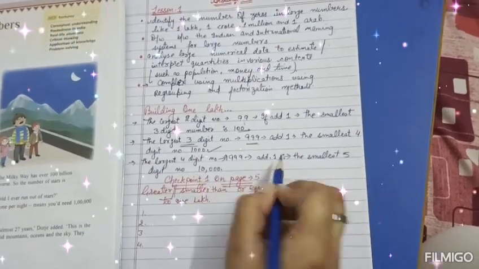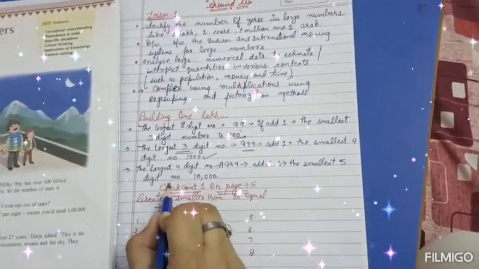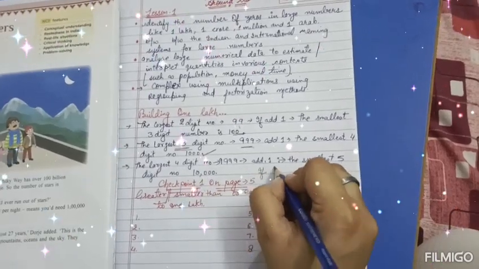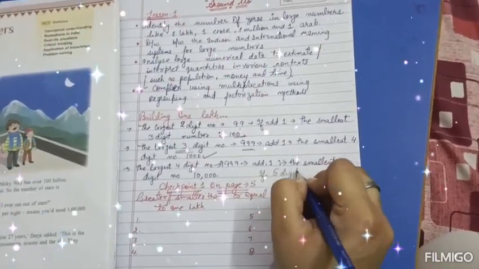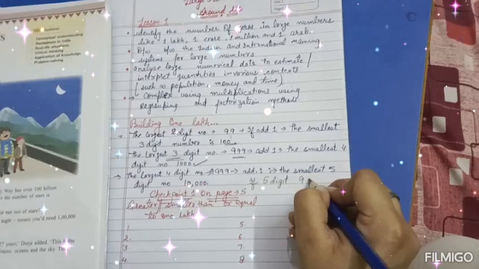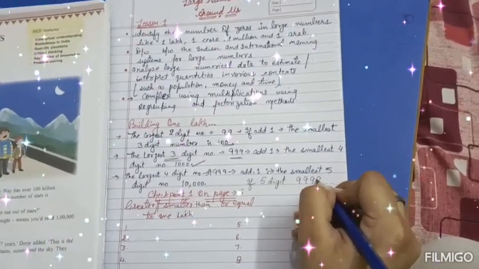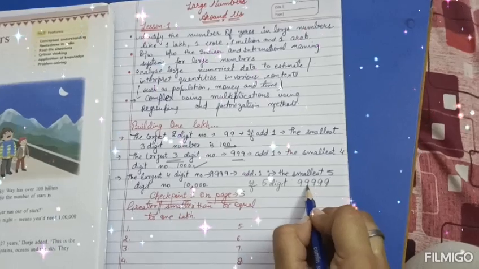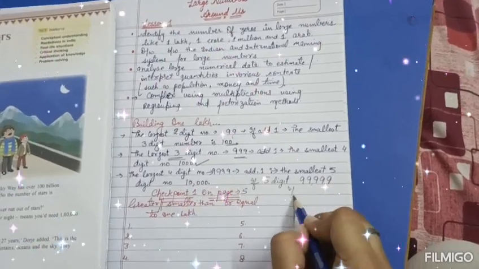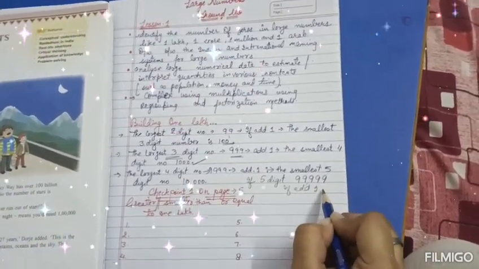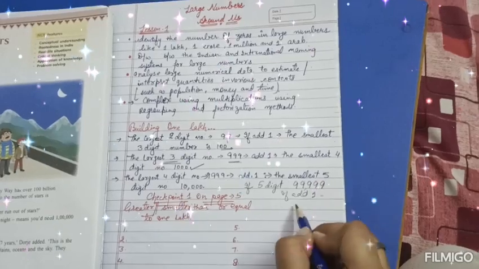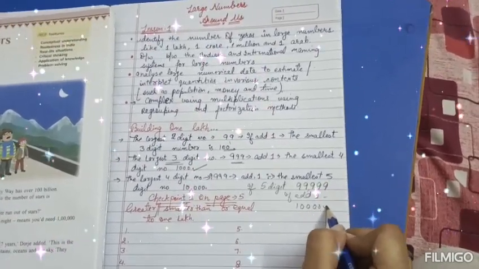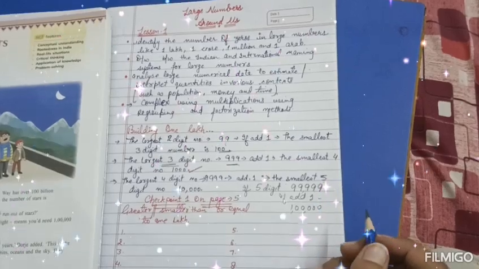If we add 1, the smallest five-digit number is 10,000. The largest five-digit number is 99999. It's ones, tens, hundred, thousand, and 10,000. If we add 1 to it, then it will become 1 0 0 0 0 0. It will become 1 lakh.